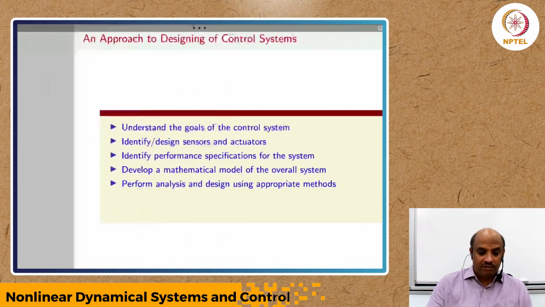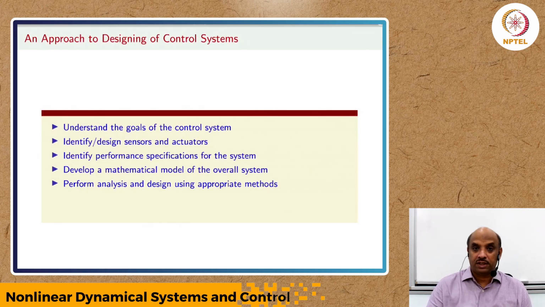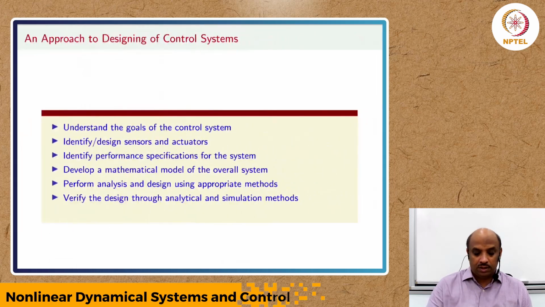So once we have a mathematical model, we perform analysis and design using appropriate methods. The design in this particular case is that automatic feedback mechanism that will achieve the particular objective of the control system. And of course, like any design, we can verify these things through analytical methods in certain cases.